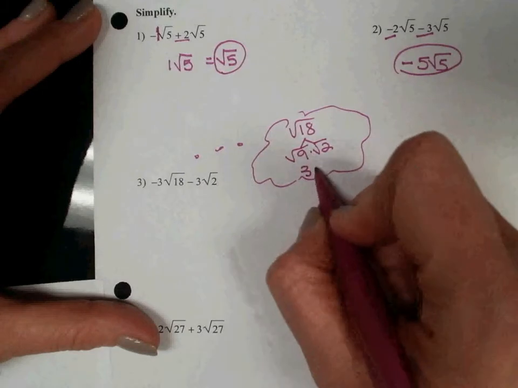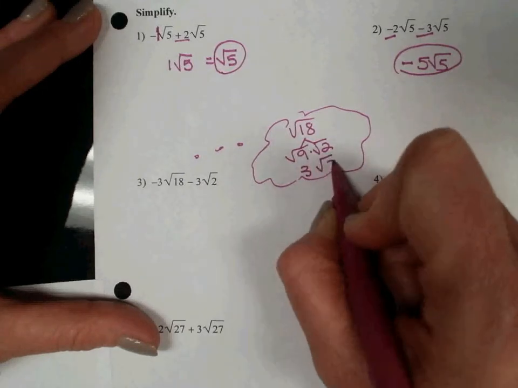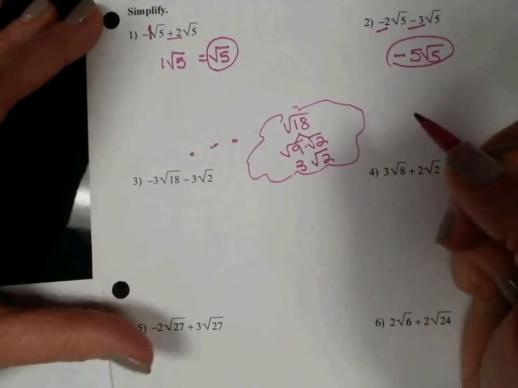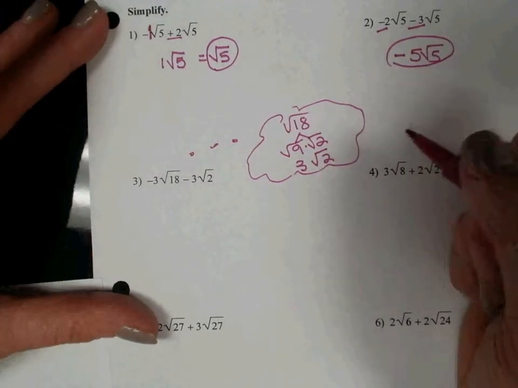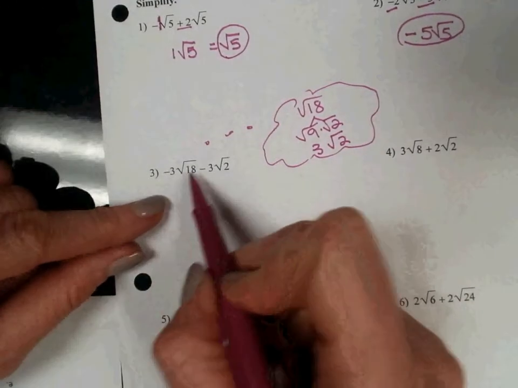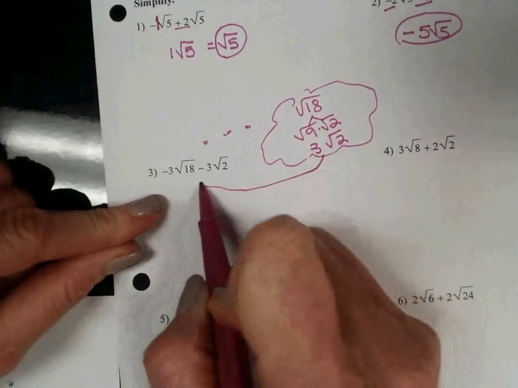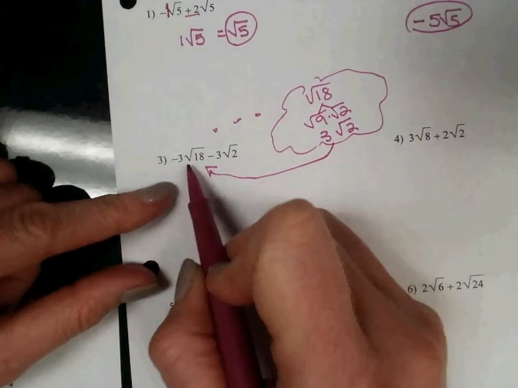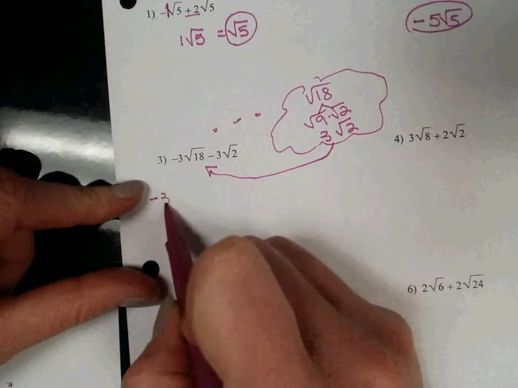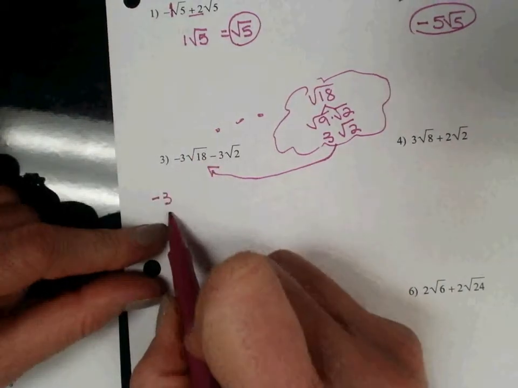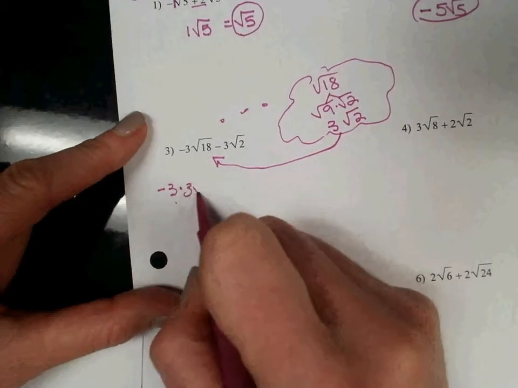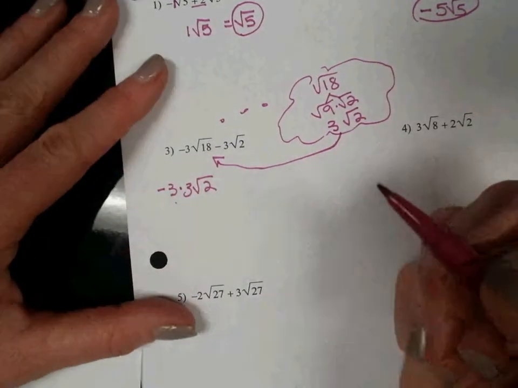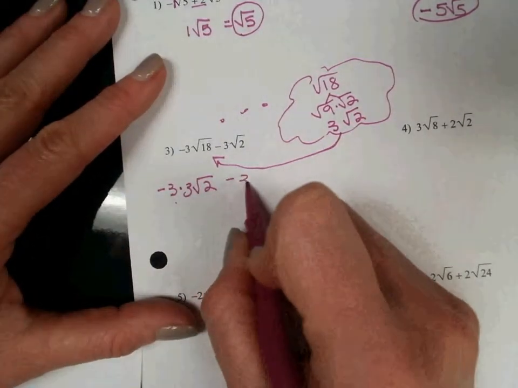The square root of 9 is 3, so I could write this as 3 radical 2. Remember this? It builds. It's coming back. So when I go back to bring the 3 radical 2 into my expression, I substitute for the radical 18. I keep the negative 3 here, and then just replace that radical 18 with 3 radical 2. And then minus 3 radical 2.